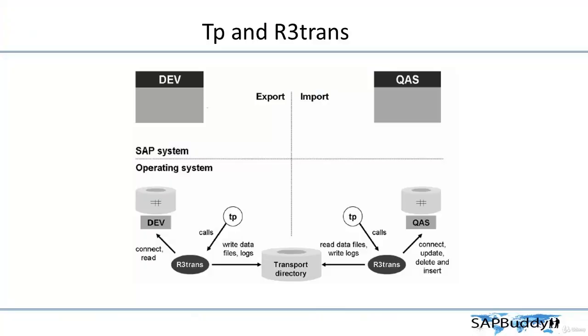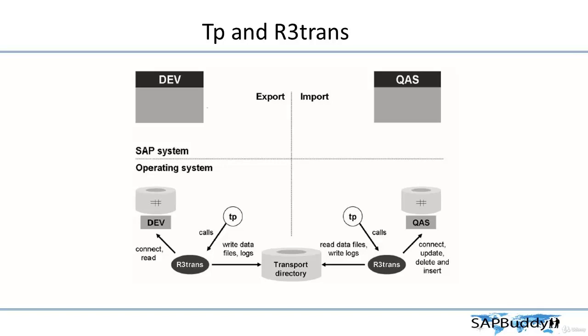Now let's see more detail about TP as well as R3 trans. R3 trans is the transport tool in the operating system which is used to transport data between your SAP system and the specific TR files.